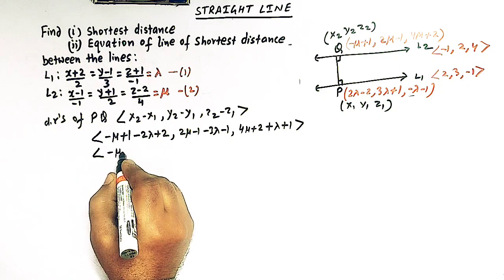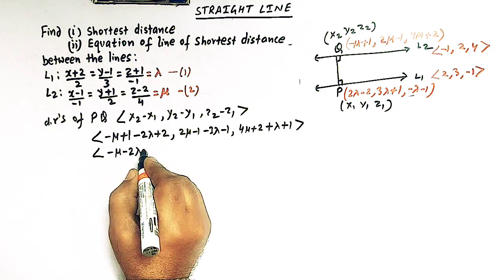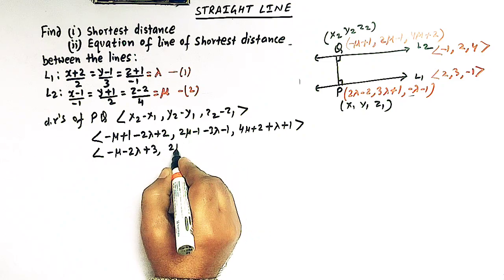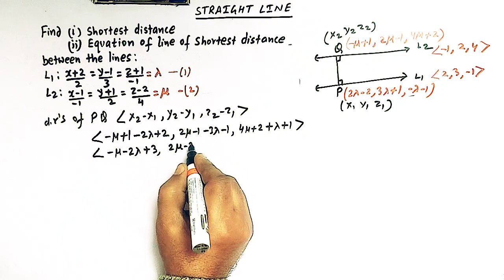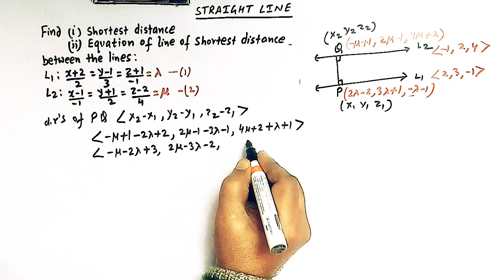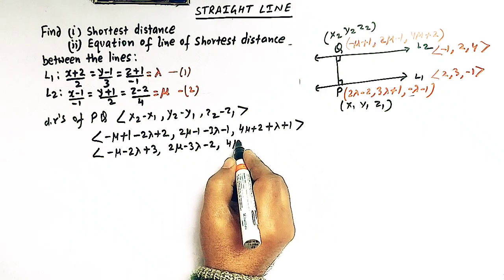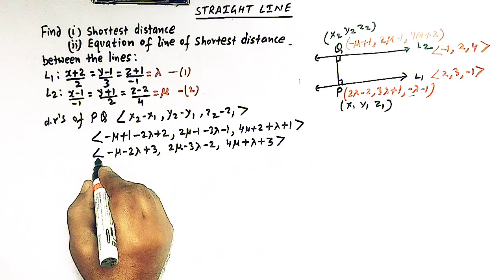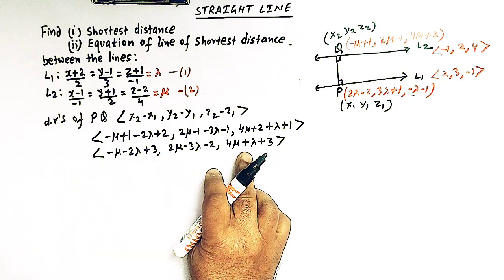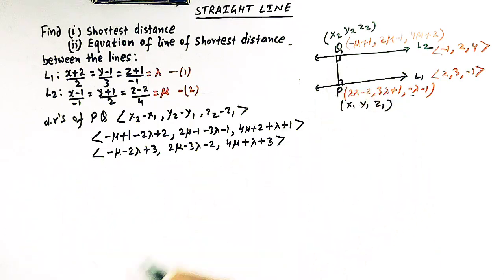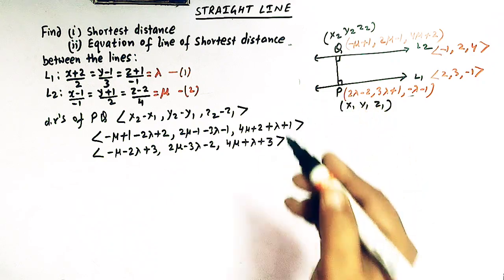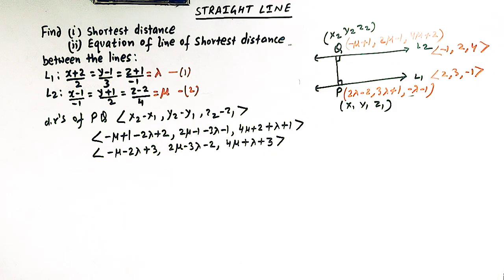So we have minus mu minus 2 lambda plus 3, then 2 mu minus 3 lambda minus 2, and 4 mu plus lambda plus 3, right? So these are the direction ratios of PQ.